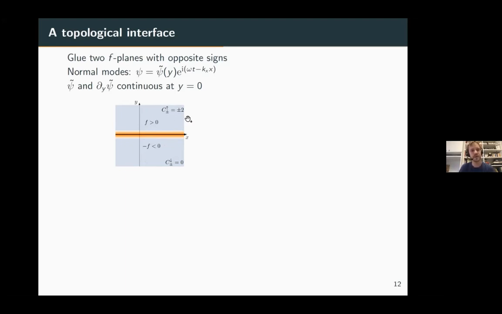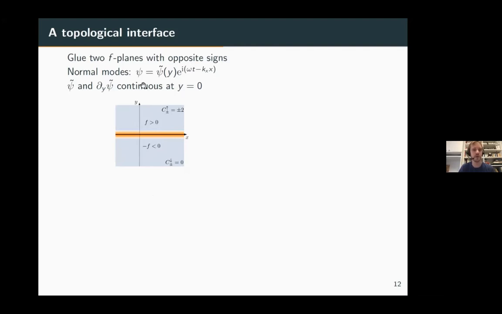Remember that the Chern number is related to the sign of f. Odd viscosity is the same everywhere. So in the upper hemisphere, the corresponding Chern number would be plus or minus 2, whereas in the lower hemisphere, this would be 0. We have a translation invariant model along x, still not along y, but along x.